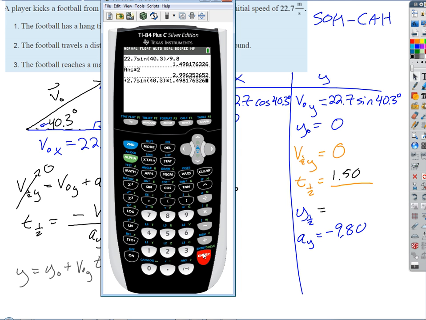Okay, and you kind of get used to what's half of 9.8? 4.9, and it's negative. So after a while you just know that that's minus 4.9 times. Now I got to get that time. There's my half time. Times 22.7 sine 40.3 by half. Okay, never mind. Yeah, that number exactly.